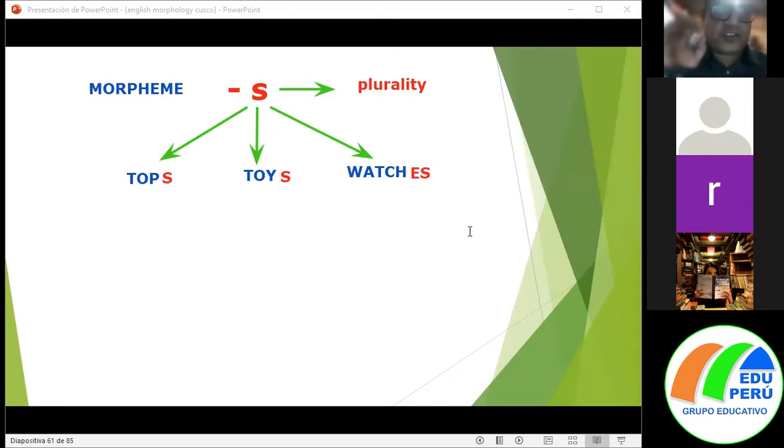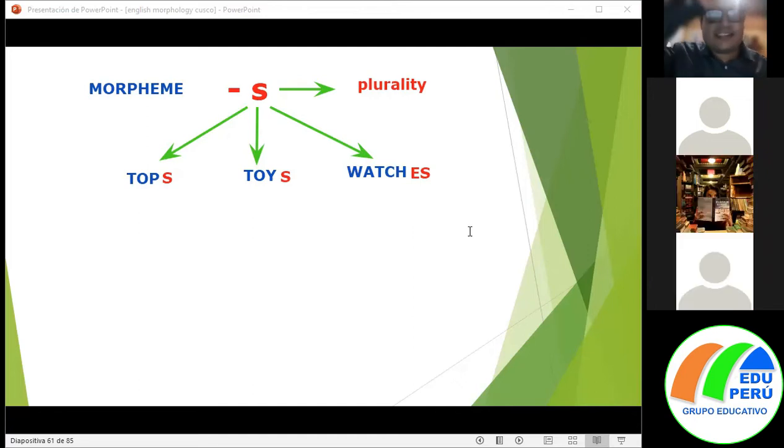Notice that we are going to have three variations. We know the S is plural. This is the general idea, right? This is the morpheme. But when we use it in different contexts, we are going to produce variations. They are not going to be the same.